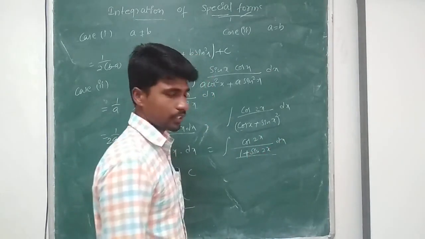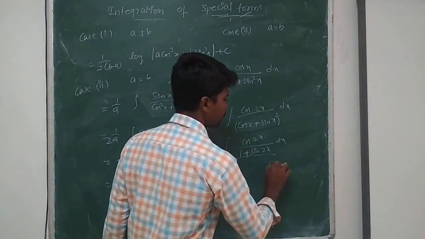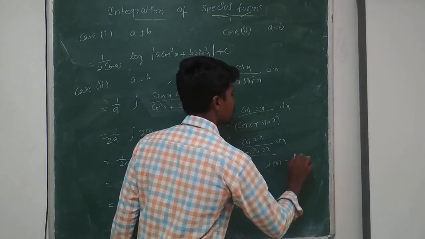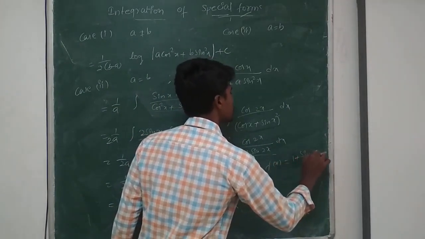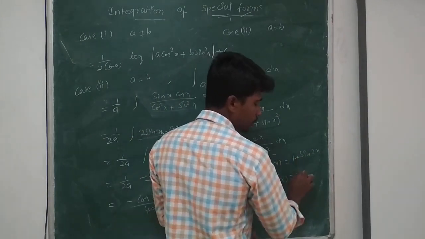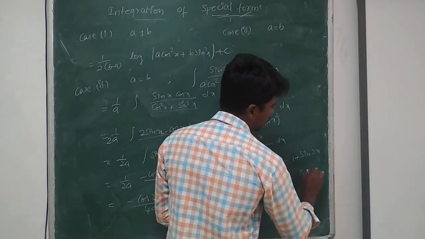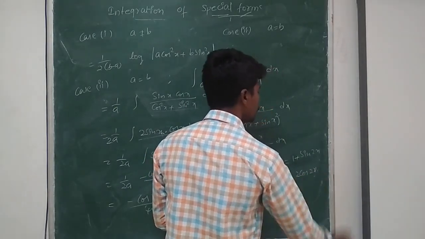This acts as f of x and this will be f dash of x. So what is f of x? 1 plus sin 2x. f dash of x is 0 plus sin 2x derivative, cos 2x into 2, so 2 cos 2x.